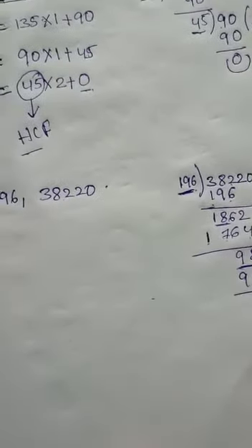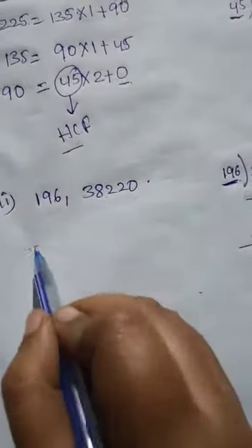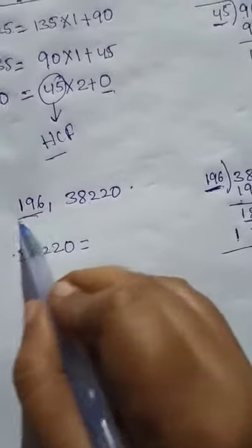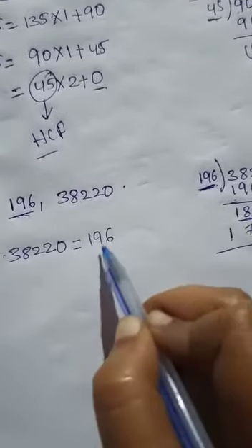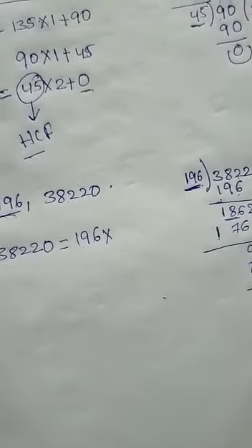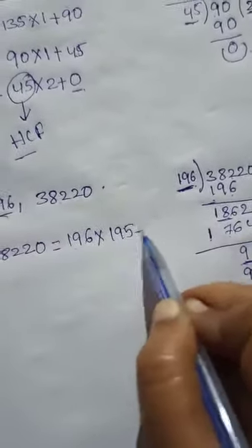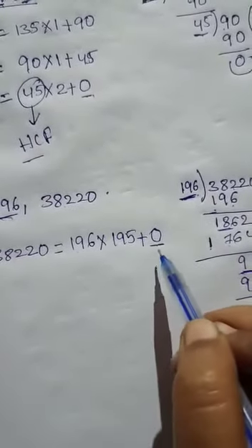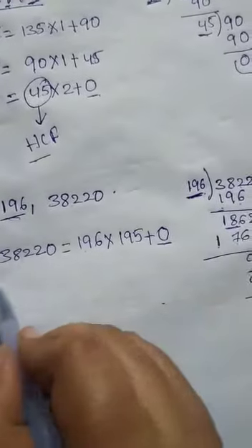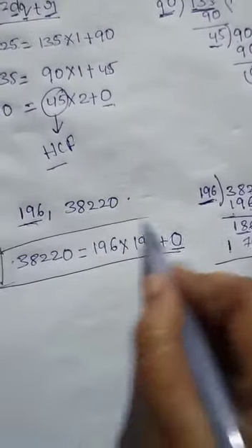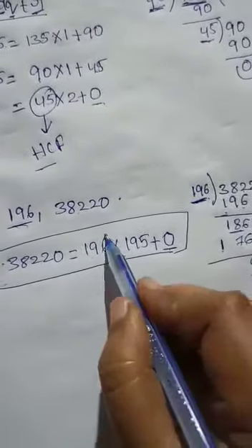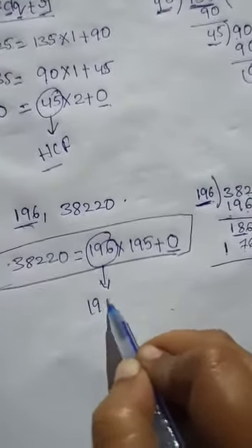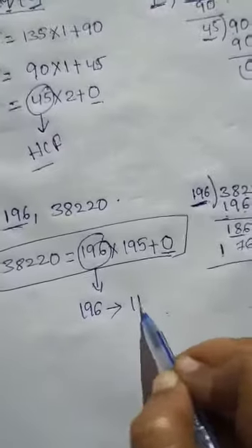So write in the form of Euclid division lemma. 38220 equal to D into Q. Here D is 196, Q is 195, plus remainder is 0. Stop the process. So this is our Euclid division lemma, and here D is our HCF. 196 is our HCF.